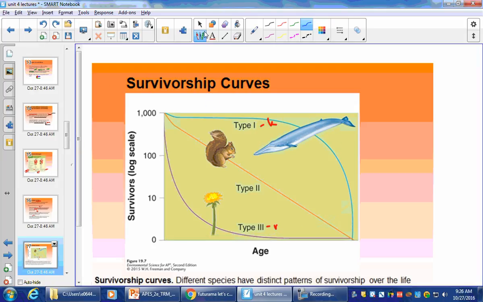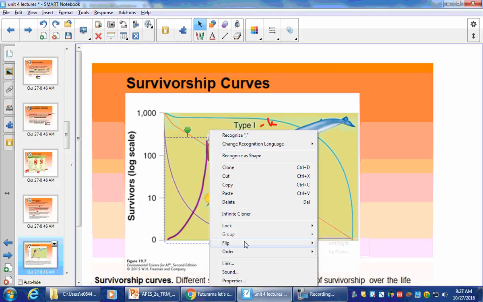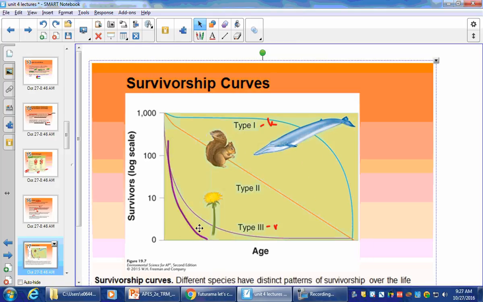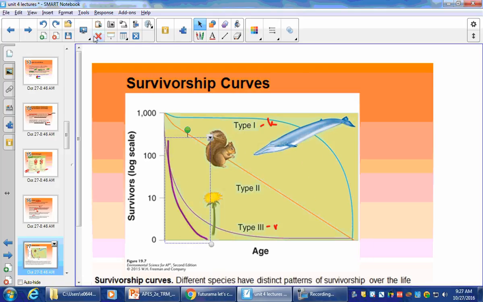Now look at the growth curve exponentially. It was, bam. So you basically just flip this around, because they grow so quickly and have so many offspring, they are going to die off really quickly as well. It's purple for that. Yeah, there it is. See? Flipped. All right, cool.